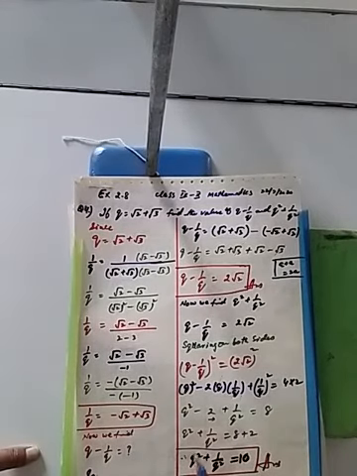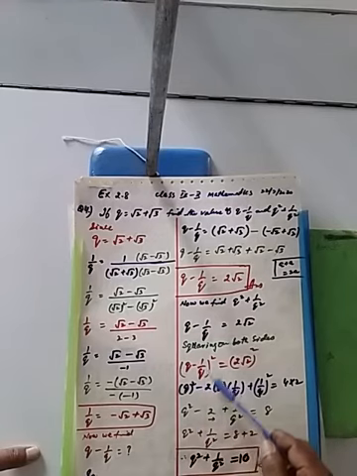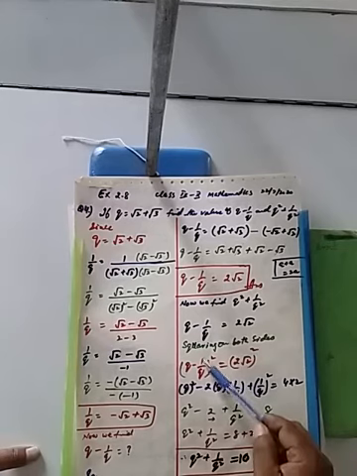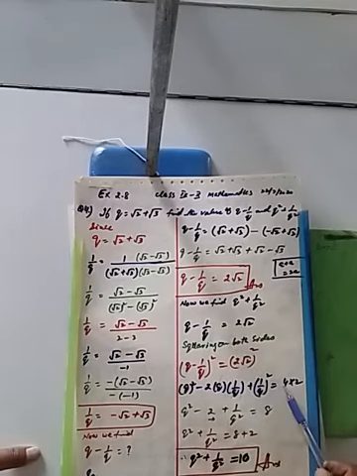I gave you these formulas. So (q − 1/q)² is equal to q² minus 2 into q into 1/q plus (1/q)². And (2√2)² is 4 times 2, equal to 8.